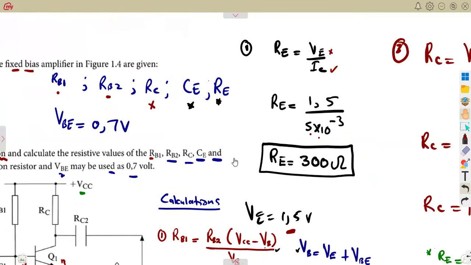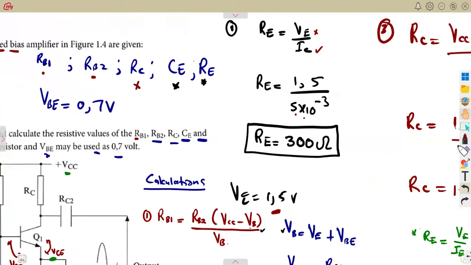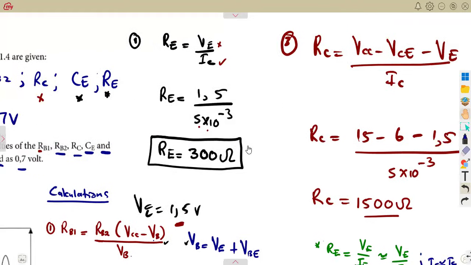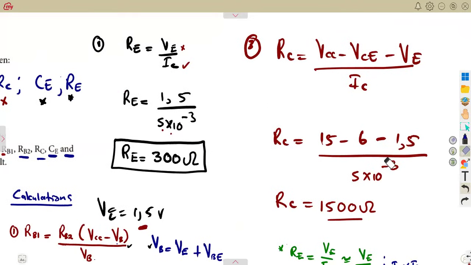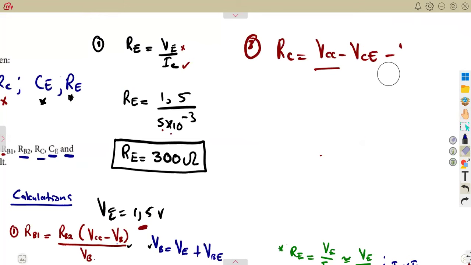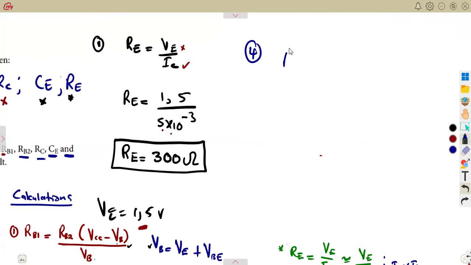Then from there, you can also obtain the value of RB2, which you can see is easier for us to obtain for the voltage division. Okay, so for the voltage division, I'm just going to remove this part. Same, it's easier for us to calculate that. So we're going to calculate RB2.